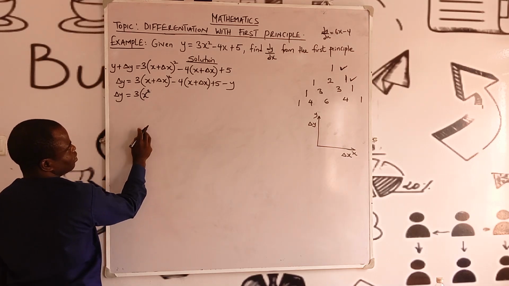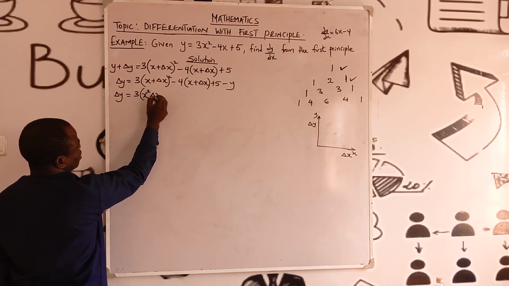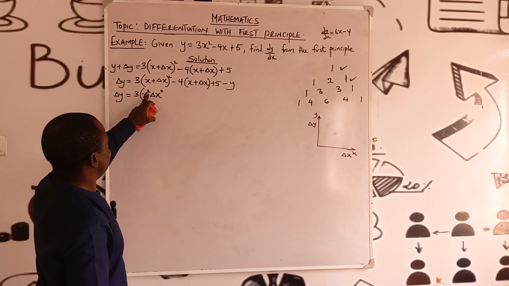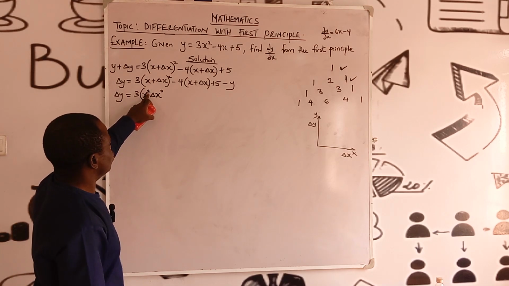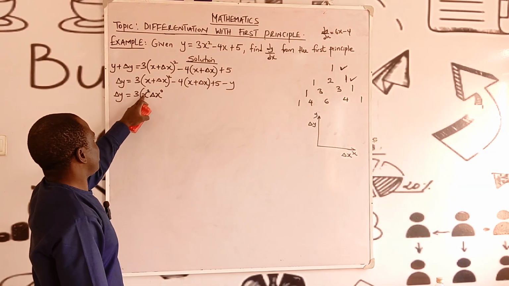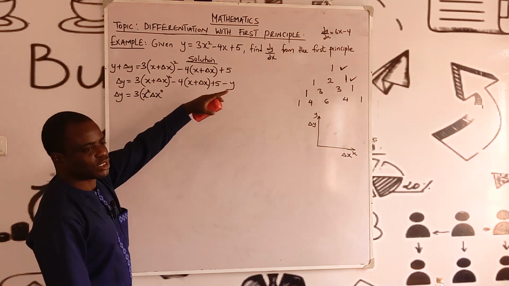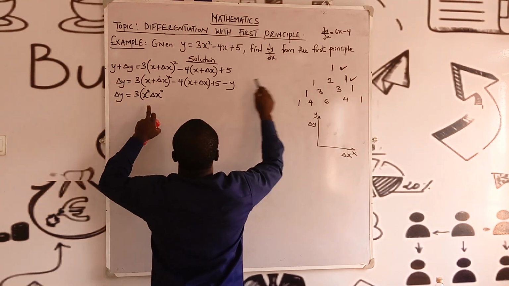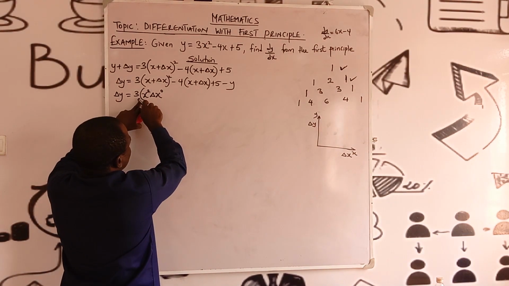Are you seeing it? Dx will be here. Dx raised to power 0. You see that the first term, for x, dx is 0. As x is decreasing, dx will start increasing. Like now, this one, there's 1 here, but you don't need to put it.